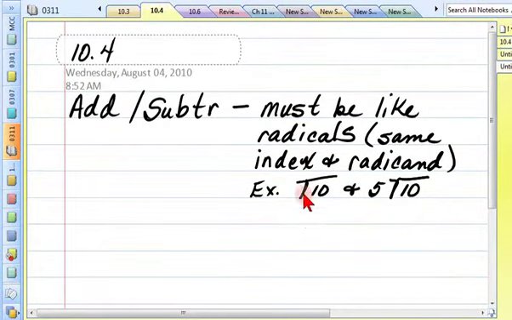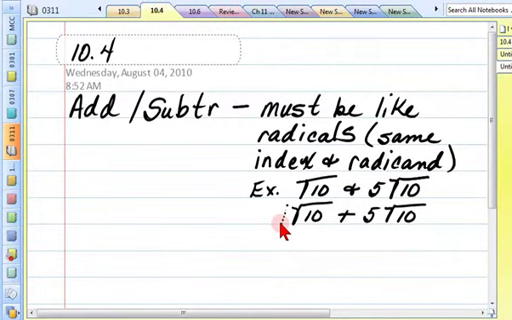So if I was told to take the square root of 10 and add it to 5 times the square root of 10, if I'm supposed to add them, the coefficient in front of the first one is an implied 1. So if I have one of those plus 5 of those, how many do I have? 6. I have 6. And that is how you add or subtract radicals.